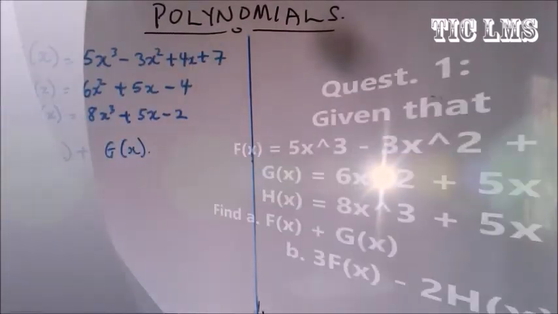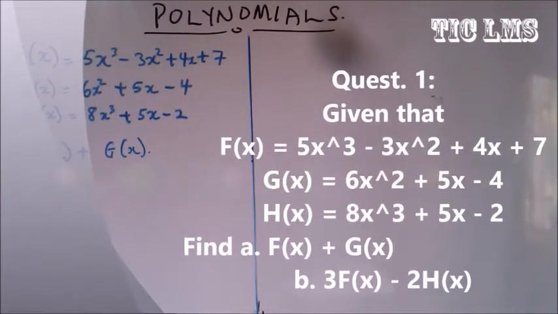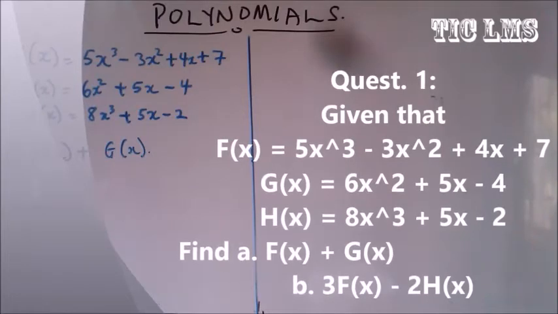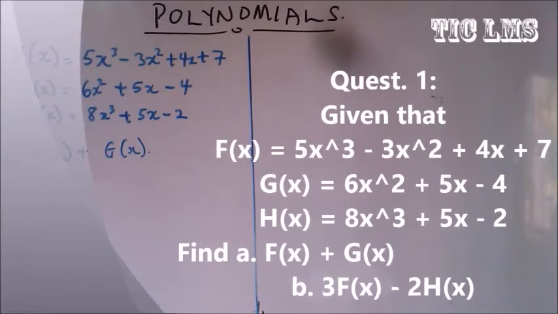Here is the first question, which says that given f(x) equal to 5x raised by 3 minus 3x squared plus 4x plus 7, g(x) equal to 6x squared plus 5x minus 4, h(x) equal to 8x raised by 3 plus 5x minus 2.